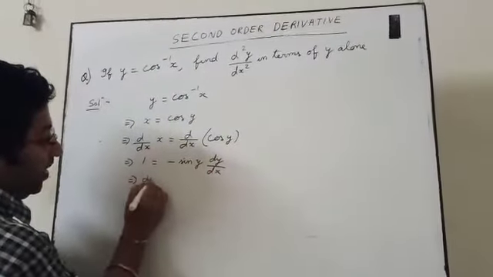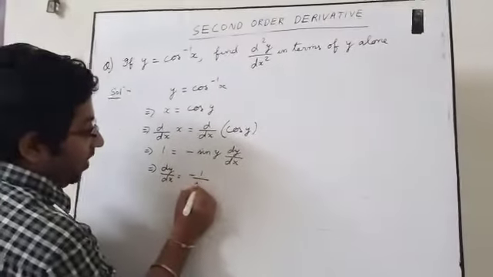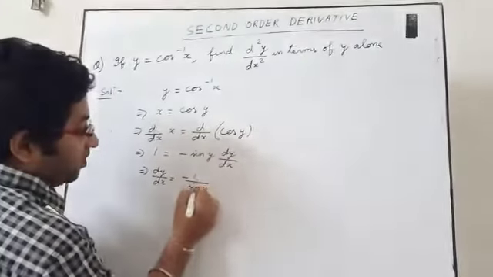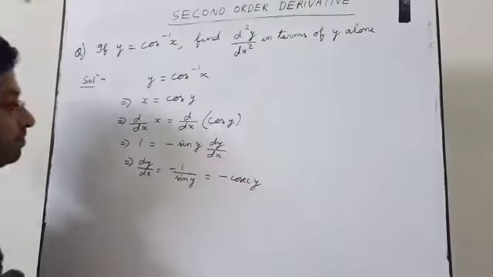So dy by dx is how much? Minus 1 by sin y, which is nothing but minus cosec y.